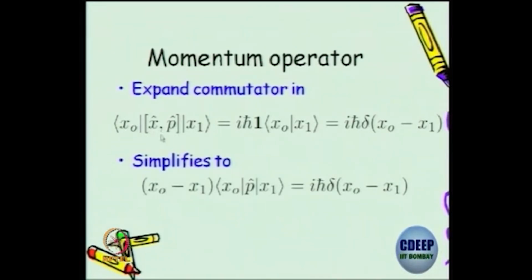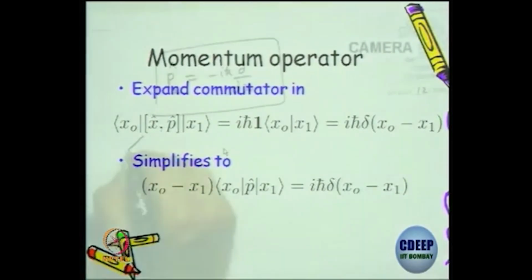This commutator of x and p, you expand first. If you expand the commutator, it is the xp operator minus the px operator. So depending on the order, either the x will operate on x0 or x will operate on x1. Is that right?